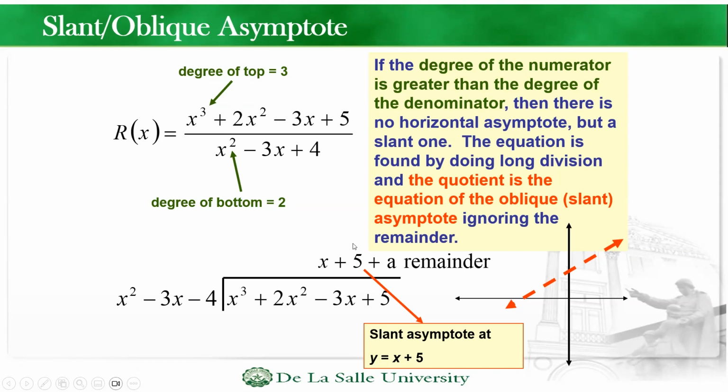You will notice, guys, that there will be an x plus 5 on top. However, there's still some remainder. Pero we don't mind the remainder. What we look at is this. X plus 5. The x plus 5, di ba, y equals x plus 5 is what you call your slant asymptote. Sometimes kasi you might be asked, what is the slant asymptote of this?